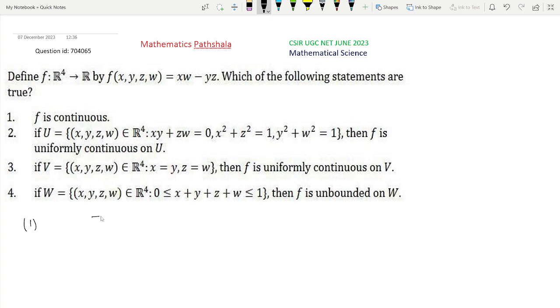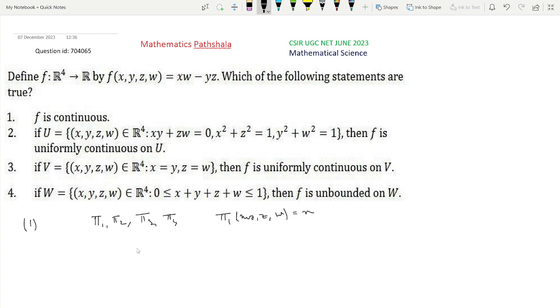If we suppose pi 1, pi 2, pi 3, pi 4 are the projection maps. What is the projection map? Defined in the usual way, pi 1 at (x, y, z, w) is defined by x. In a similar manner, pi 2 of (x, y, z, w) equals y, pi 3 of (x, y, z, w) equals z, and pi 4 of (x, y, z, w) equals w.